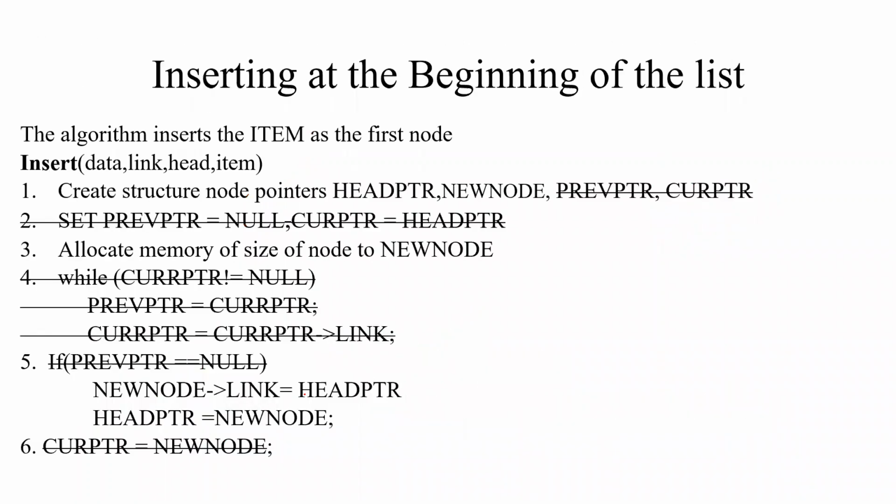Now the operation: insertion at the beginning of the list. I told you, we can cut short the program. I made it like insertion at the beginning. So we are using only head pointer and the new node which is created. And we are allocating memory using malloc for the new node, and the return address will be given in the new node pointer.